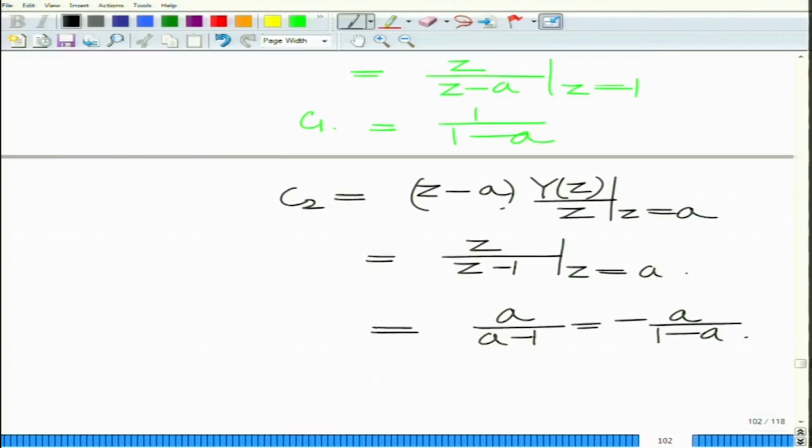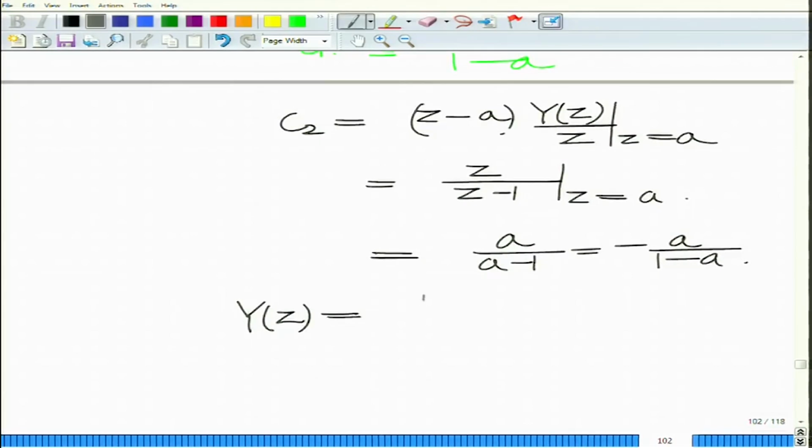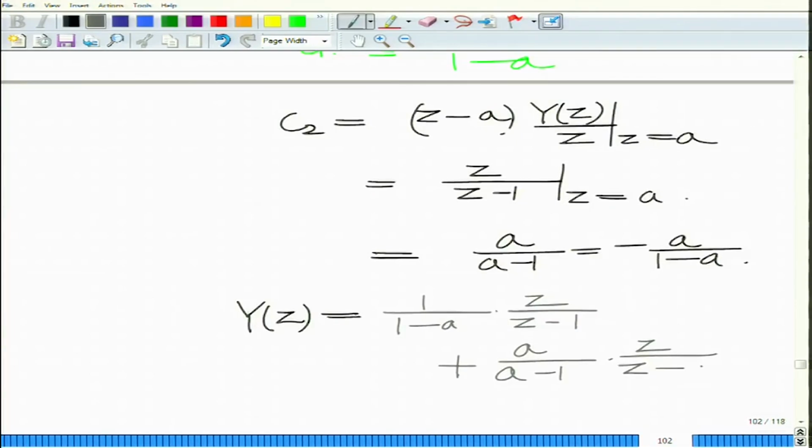And therefore, what we have is Y(z) equals 1 over (1 minus a) times z over (z minus 1) plus a over (a minus 1) times z over (z minus a).